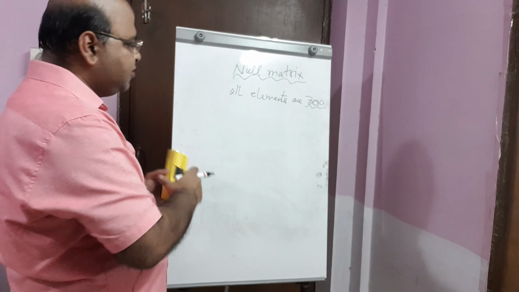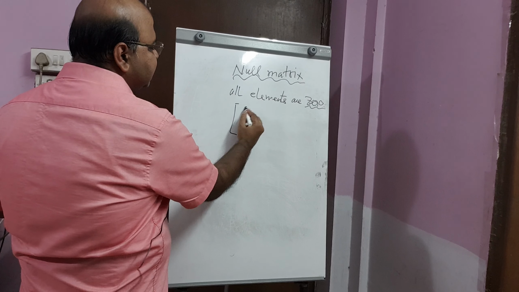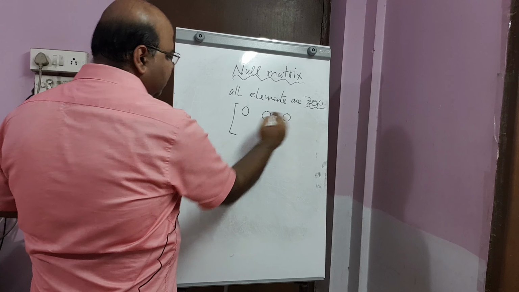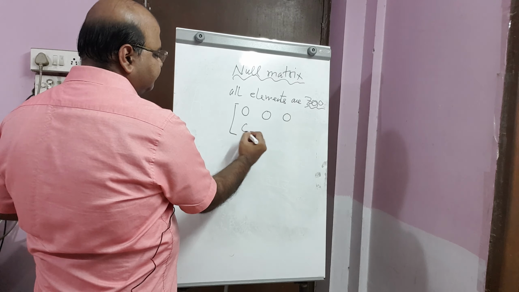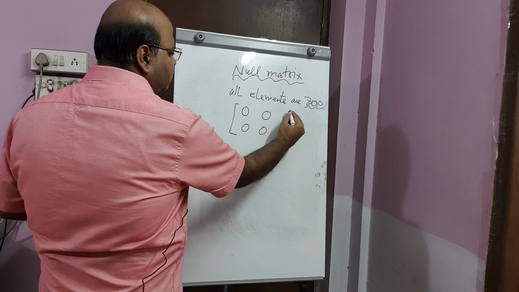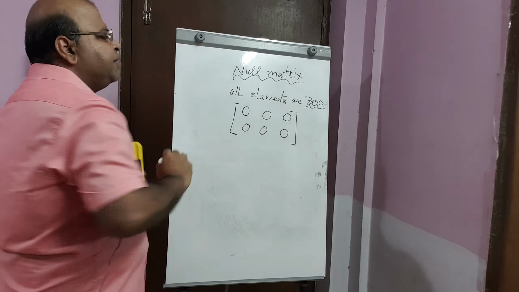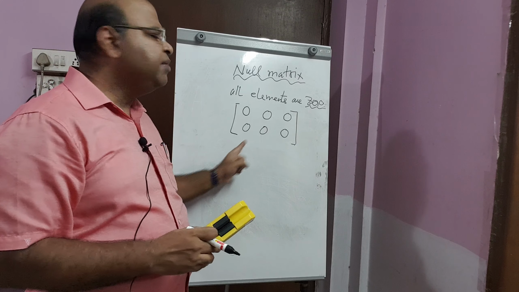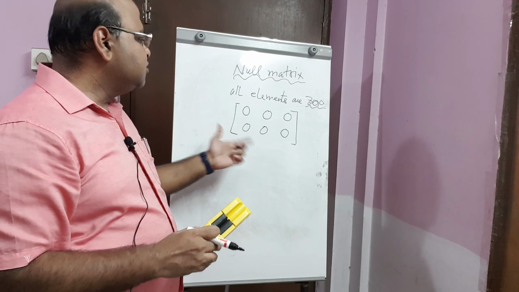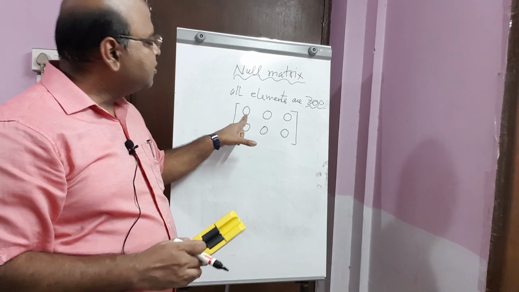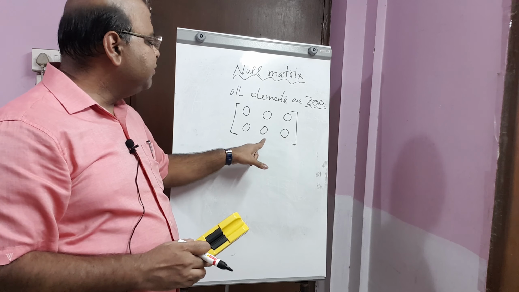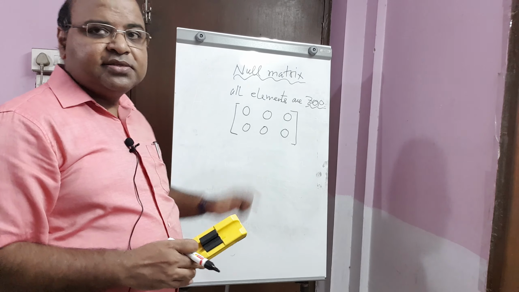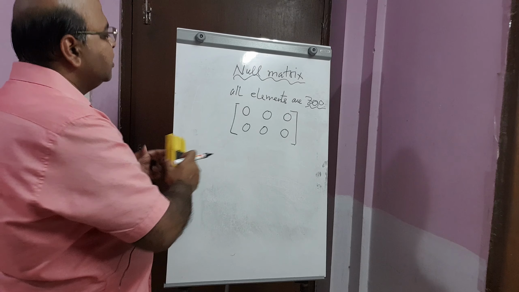If we have a matrix whose elements are all 0 of a particular system, they may be null vectors or real numbers also, then such a matrix is said to be a null matrix. A null matrix may be rectangular or square, so there is no restriction, but the main point is every element should be 0. Such a matrix is known as a null matrix.